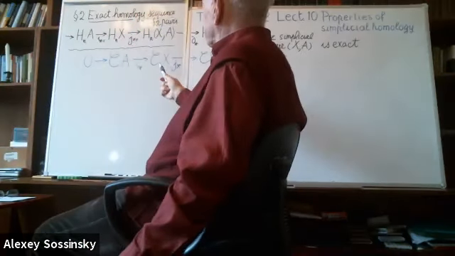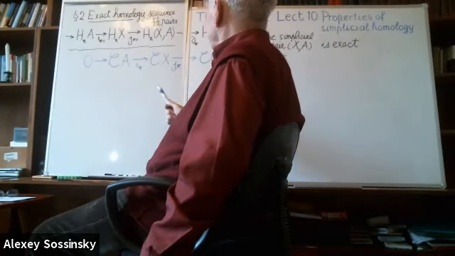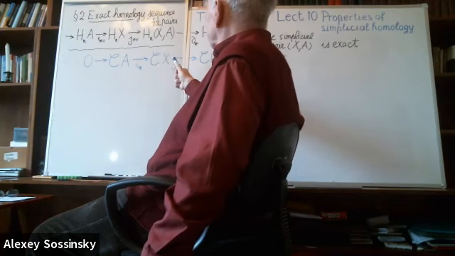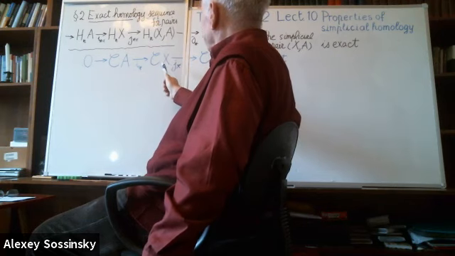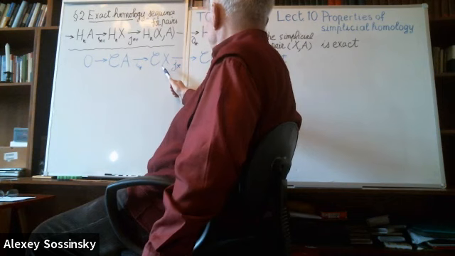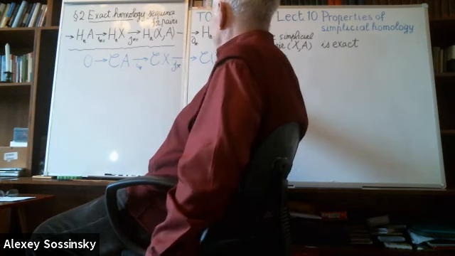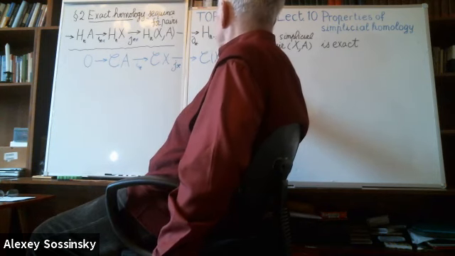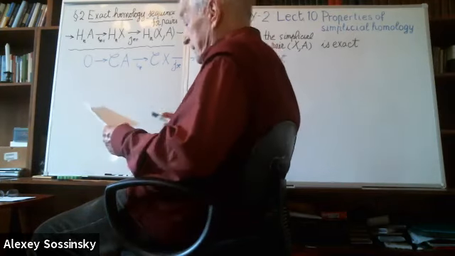Here, it's simply the inclusion. And here, to every chain from here, we assign the chain obtained by setting equal to 0 those coefficients that are at simplices from A. So this is obviously exact.